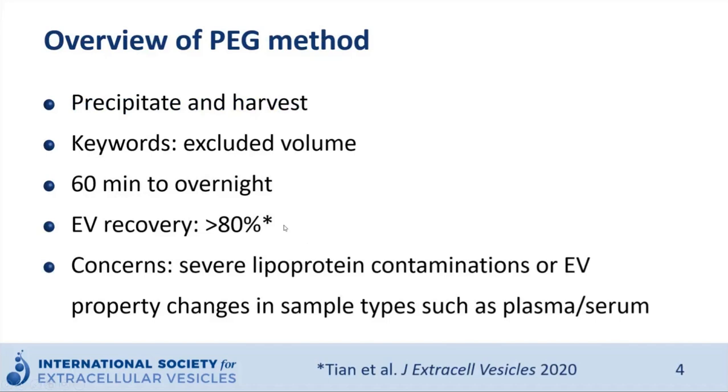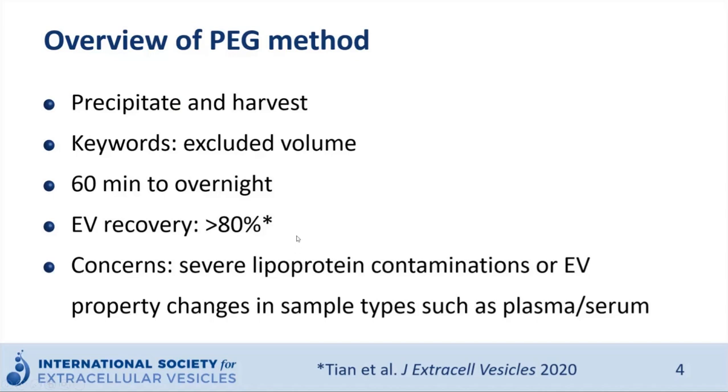According to papers published by Professor Yan Xiaomei's group and others, the PEG method has a very high recovery rate, typically over 80%. This is much higher than the EV recovery rate of ultracentrifugation, which is around 40%.